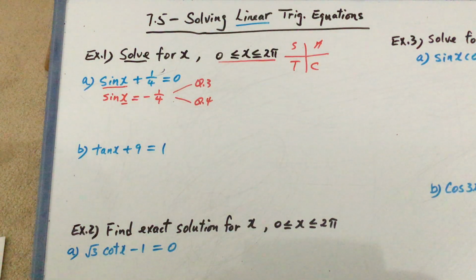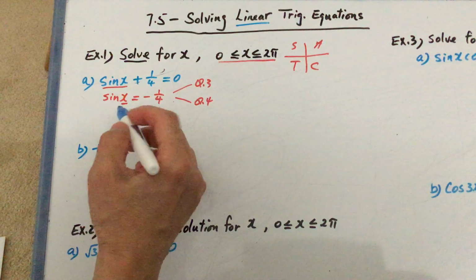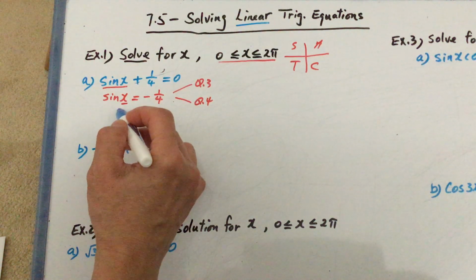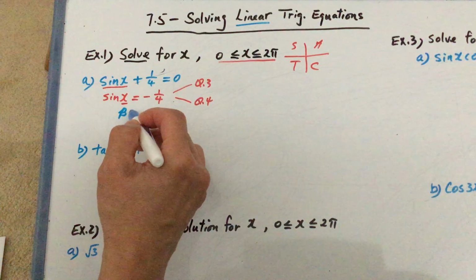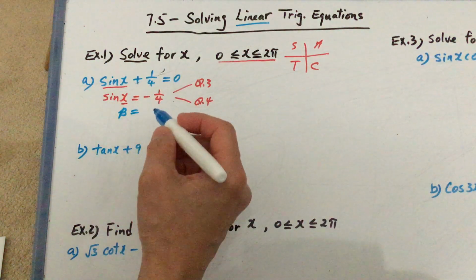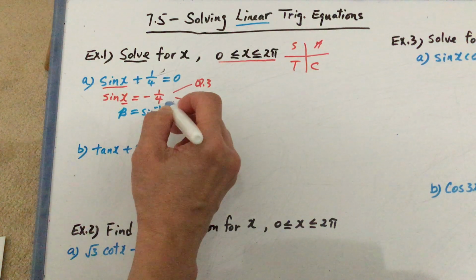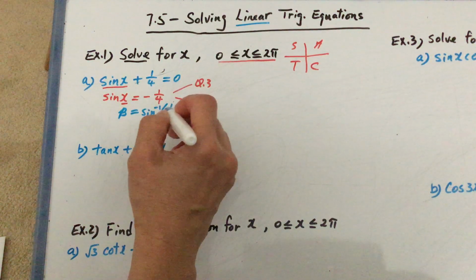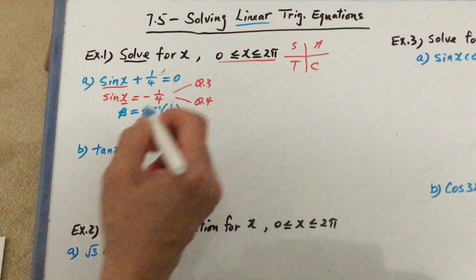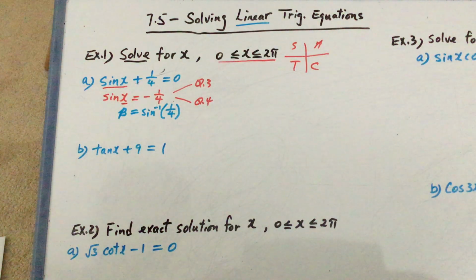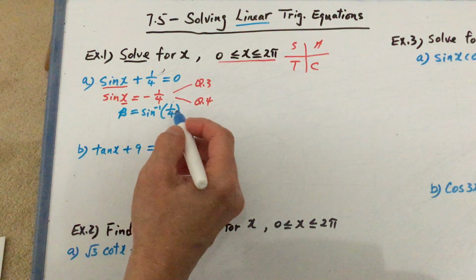So it's very important that we first find the related acute angle. I'm still using beta as my related acute angle. So I'll be taking the inverse of the sine, but only putting in the positive ratio, okay, because the related acute angle is always positive, remember?